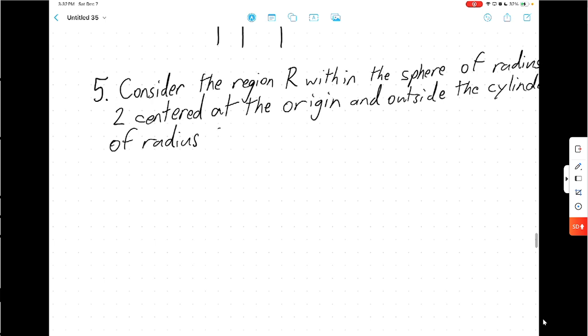It actually writes "of radius" twice here, but I'm only writing it once.